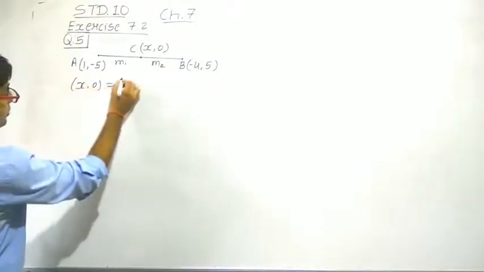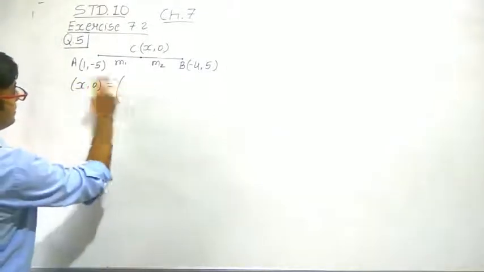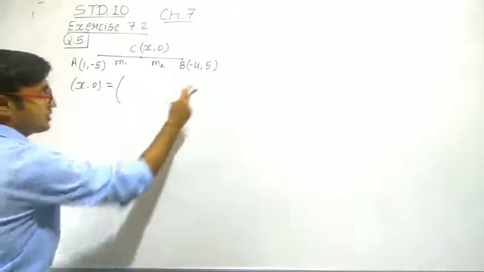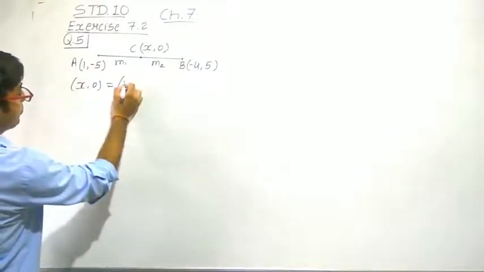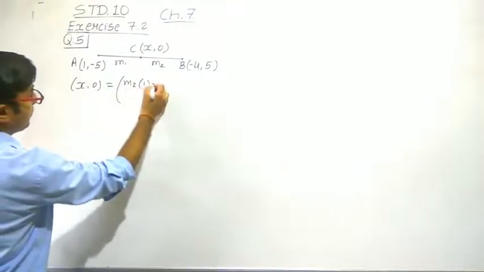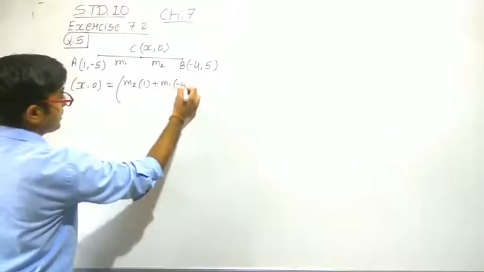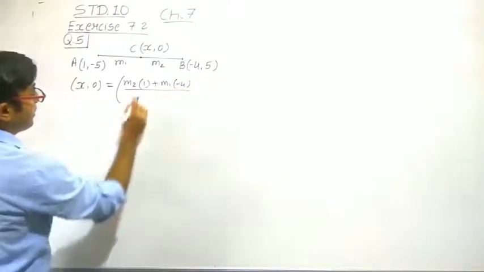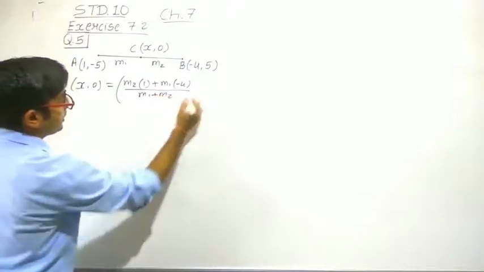So we can write here x is equal to, using the section formula, with x1, x2, y1, y2 as usual: m2 into x1, x1 is 1, plus m1 into x2, x2 is minus 4, upon m1 plus m2.